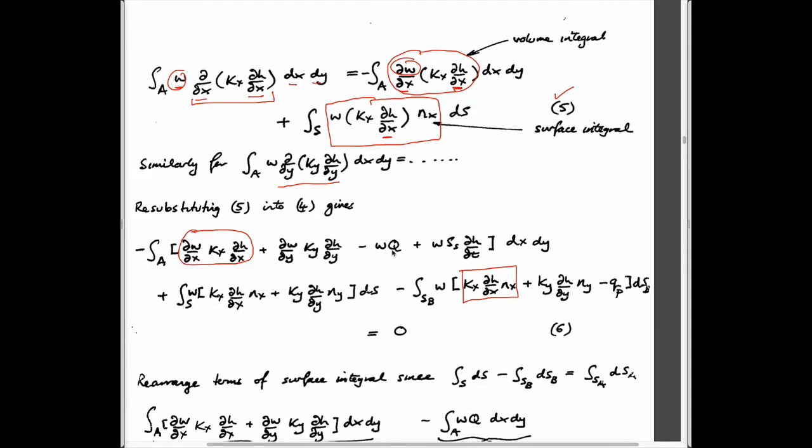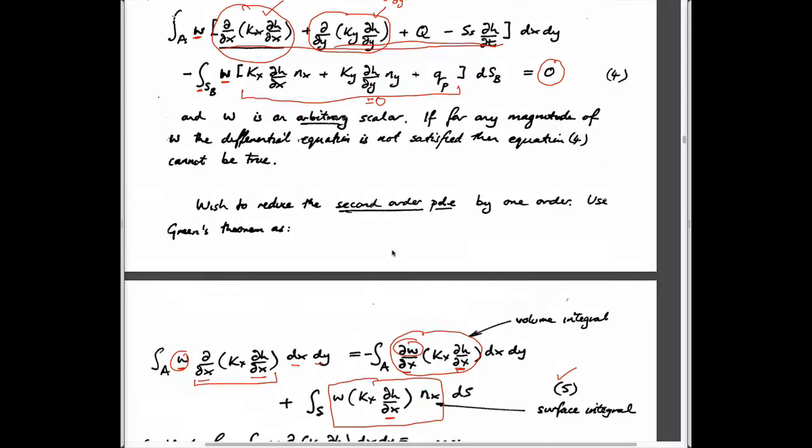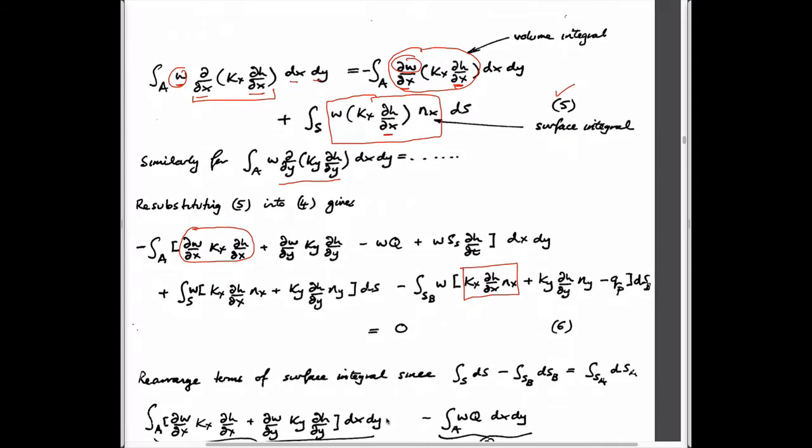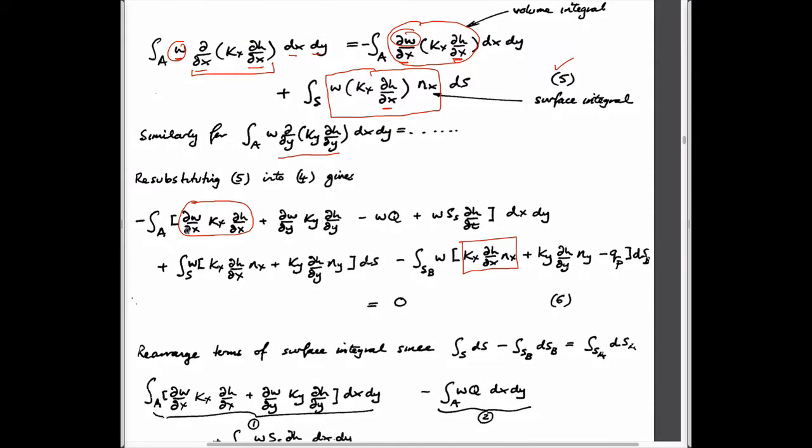So all we've done is we've taken these two first terms, and we've converted them from a single second order PDE or operator into two first order terms and another one, and we've substituted them back into the expression. One of them goes here, which doesn't look like it's changed, but it has because this is dw, and one of them goes here.